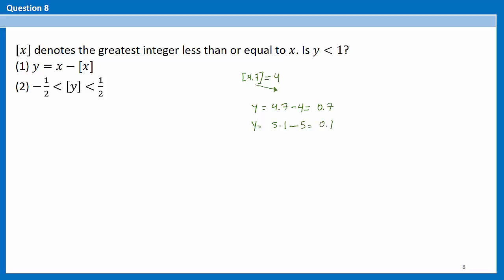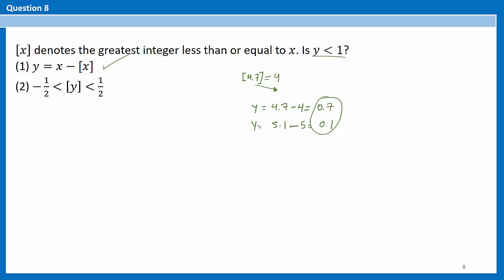So what's happening here is that you have the decimal and you are subtracting the integer part of the decimal. Okay, so it's always going to give you a decimal that is less than 1. So statement number 1 would be sufficient because the result is always going to be less than 1.